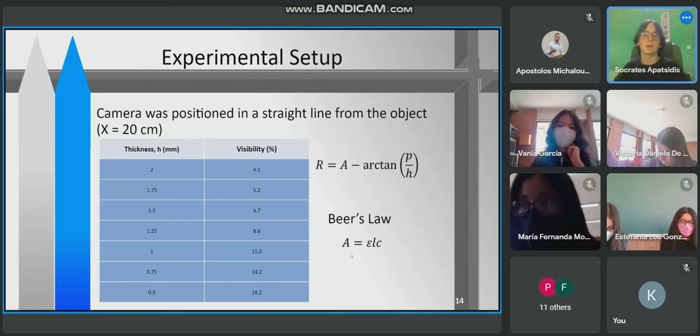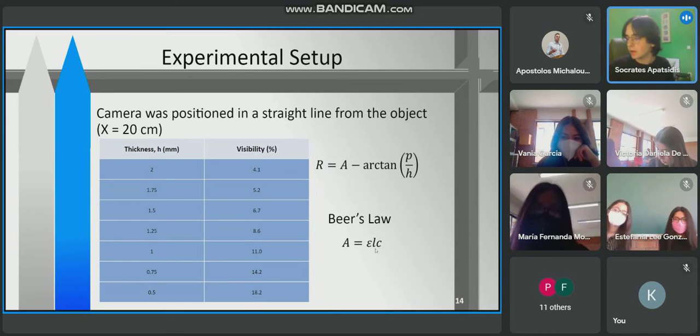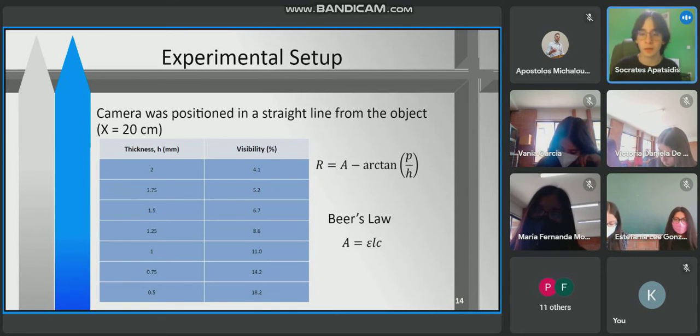And what Beer's law says is that absorbance equals the molar attenuation coefficient, which is different for each material, talking about the lens.